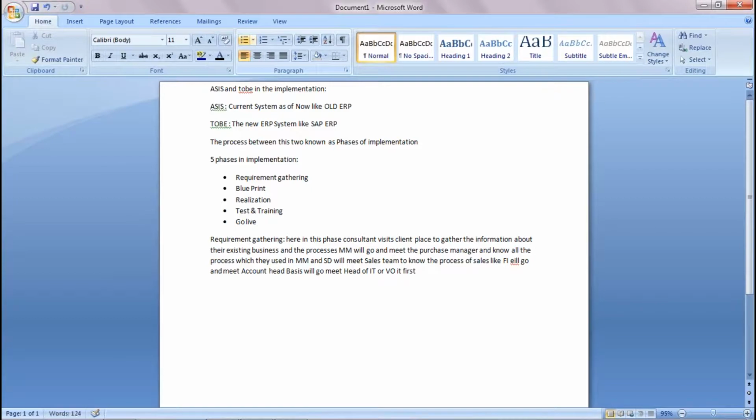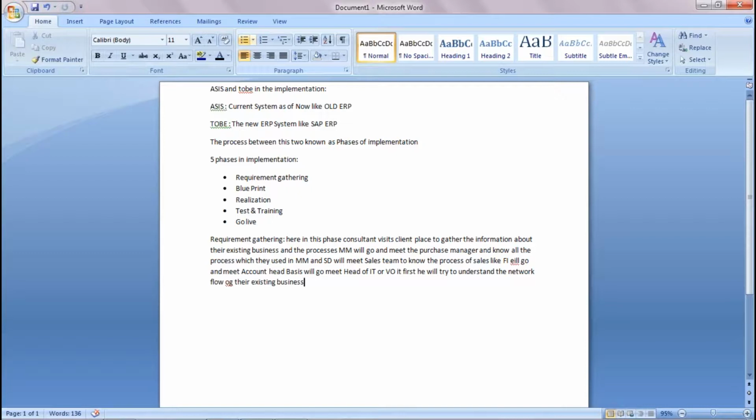First, he will try to understand the network flow of this existing business. The flow of the existing business, because here basis plays a vital role.